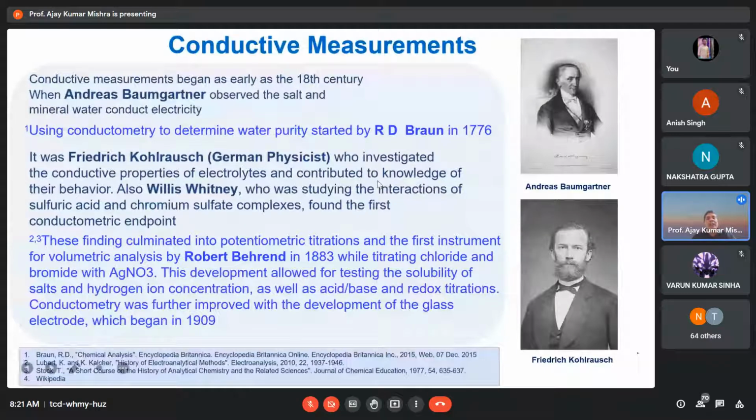What he did was investigate the conductive properties of the electrolyte, and contributed to the knowledge of their behavior, right? So in terms of the subject, you can see how he might have studied how the electrolyte behavior is happening.